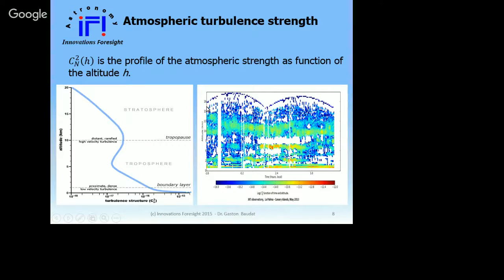It's a log scale, but whatever. You can see that most of the time there is quite some turbulence near the ground, and depending on the time of the day, more or less turbulence at the tropopause interface, and sometimes even in between.